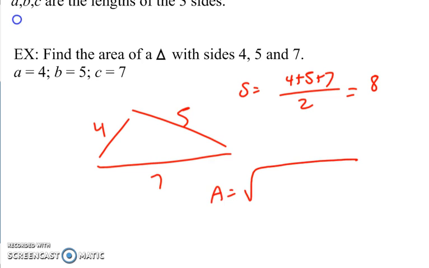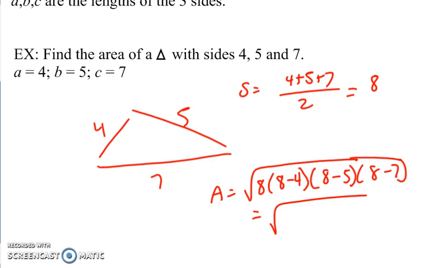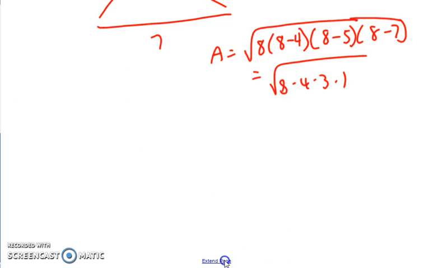So the area is the square root of that semi-perimeter times the semi-perimeter minus the first side, semi-perimeter minus the second side, semi-perimeter minus the third side. So the area is the square root of 8 times 4 times 3 times 1, which, let's see here. Well, I can break up the 8. I'm trying to get this into perfect squares. So 8 is 4 times 2.